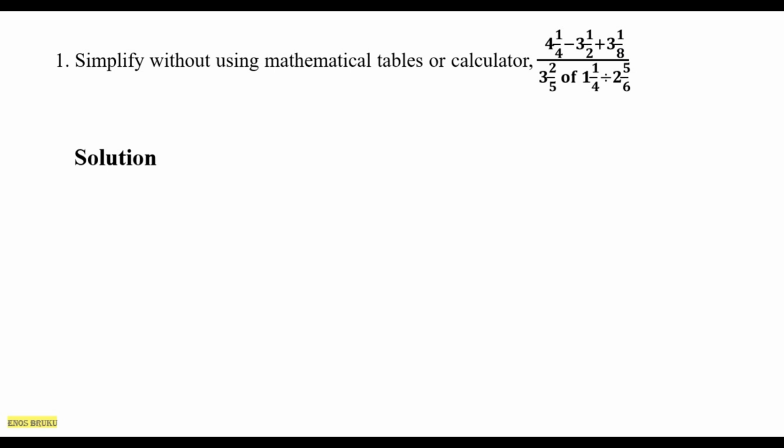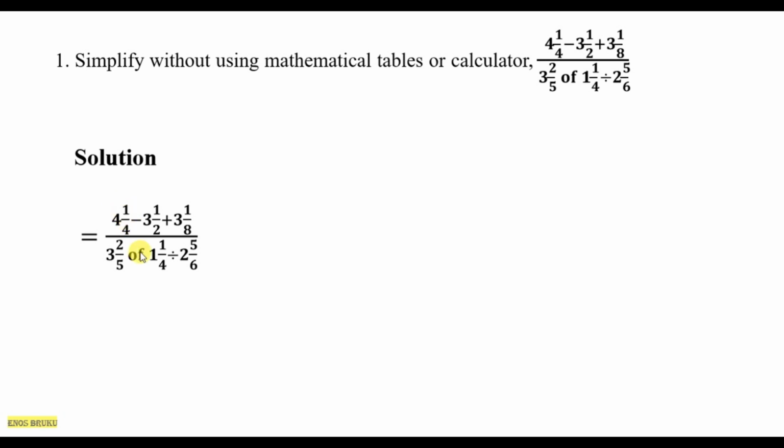Okay, so how do we go about that? To change a mixed fraction to an improper fraction, you first take the denominator, and then you multiply it by the whole number, and then you add the numerator to the number.